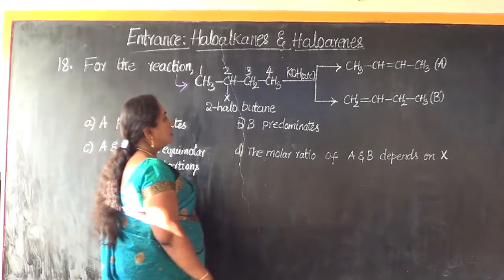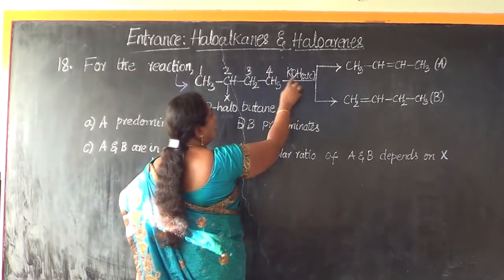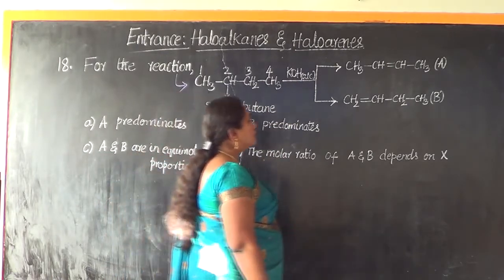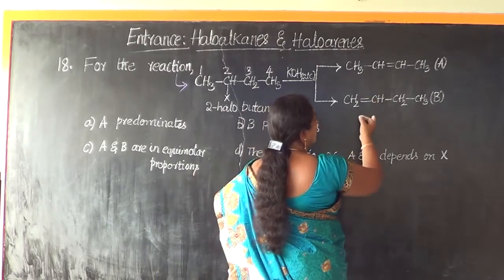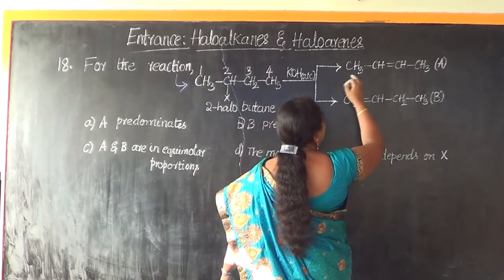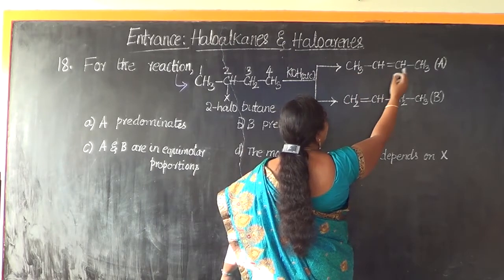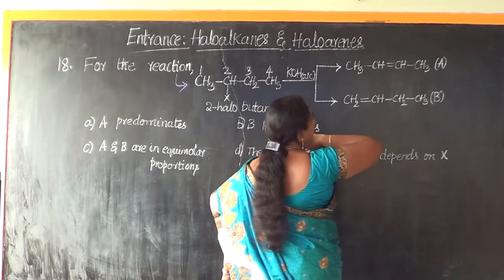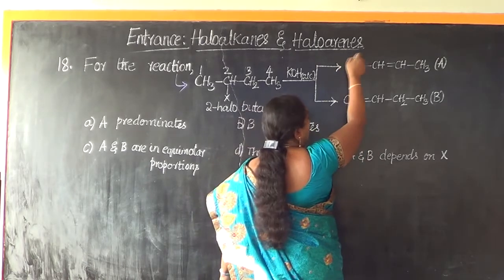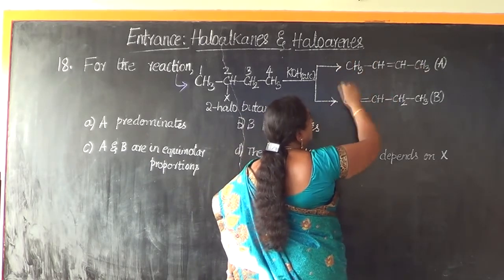So 2-halobutane is treated with alcoholic KOH and it gives us the formation of 2 types of important products. What's the name of this product going to be? 1, 2, 3, 4, and the second carbon and the third are linked with the double bond. Either you go from left to right or right to left, it's going to be the same.